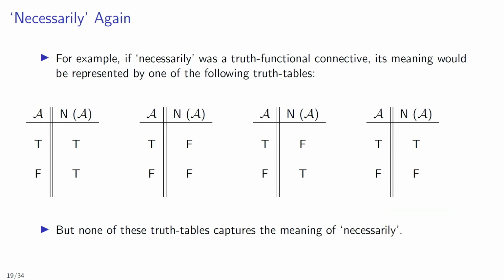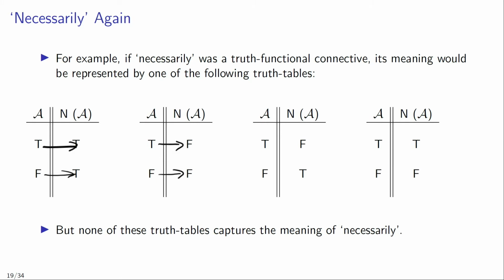So in the first truth table here, we see that it could be that necessarily A is true when A is true, and true when A is false. In the second truth table, we see the claim that necessarily A is false when A is true, and false when A is false.